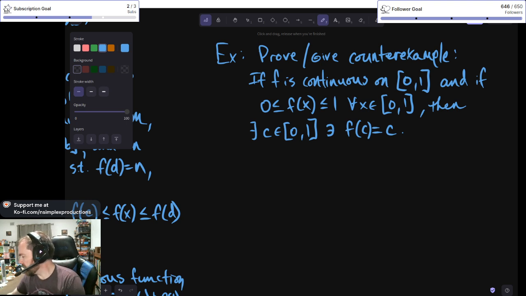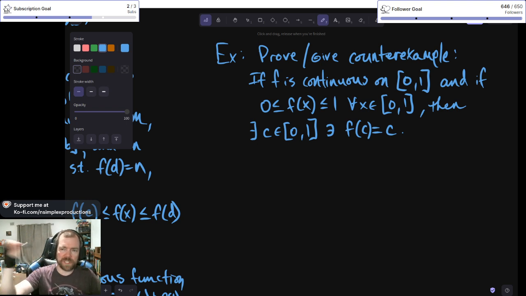Right, so this I think is a classic problem used in a proofs class, probably analysis as well, to get students to think about how continuity works, and in what way we could show that something must be true, or else give a counterexample.